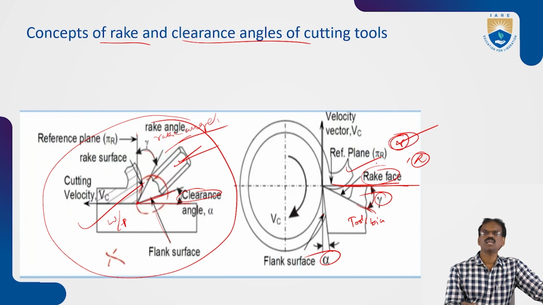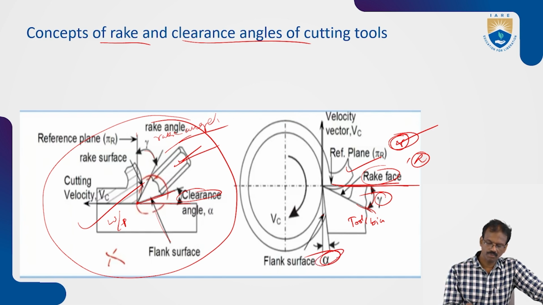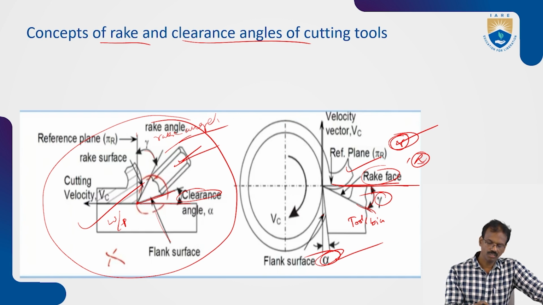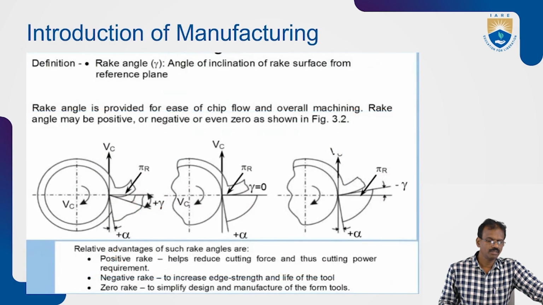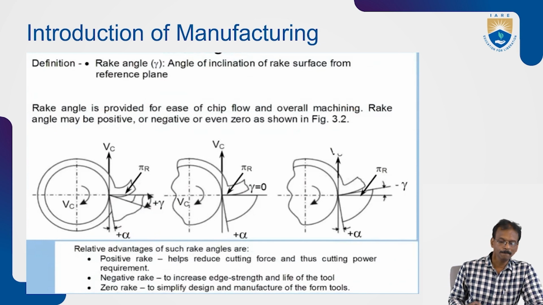Okay. Different types of relief angles also, and clearance angles are very important. They reduce the rubbing between the cutting tool and the workpiece. The workpiece is rotating here, as you can see. So what is the definition of rake angle?